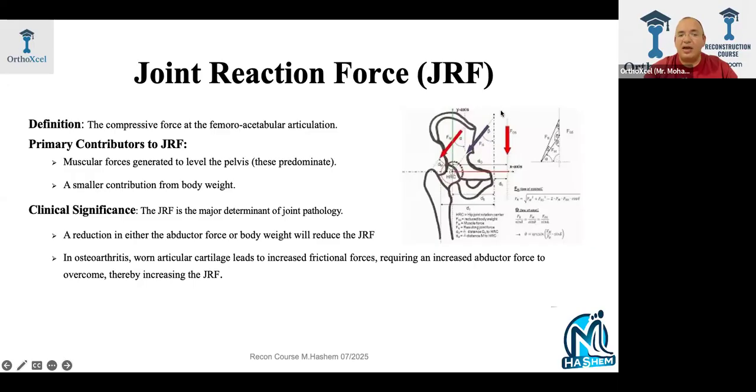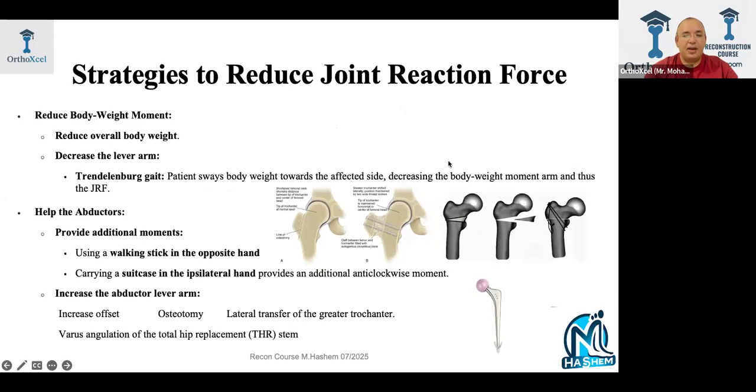Both together exert a resultant force, what we call the joint reaction force, which is the actual force going across your joint. This shows you how much force will go through your total hip, and this is where you have to play to expose your total hip to the lowest forces you can, to maintain its longevity.